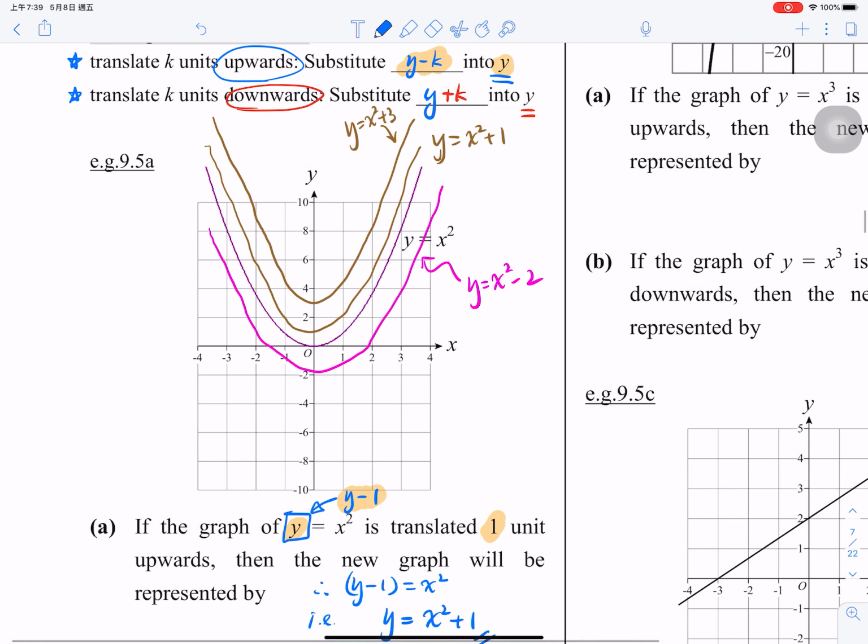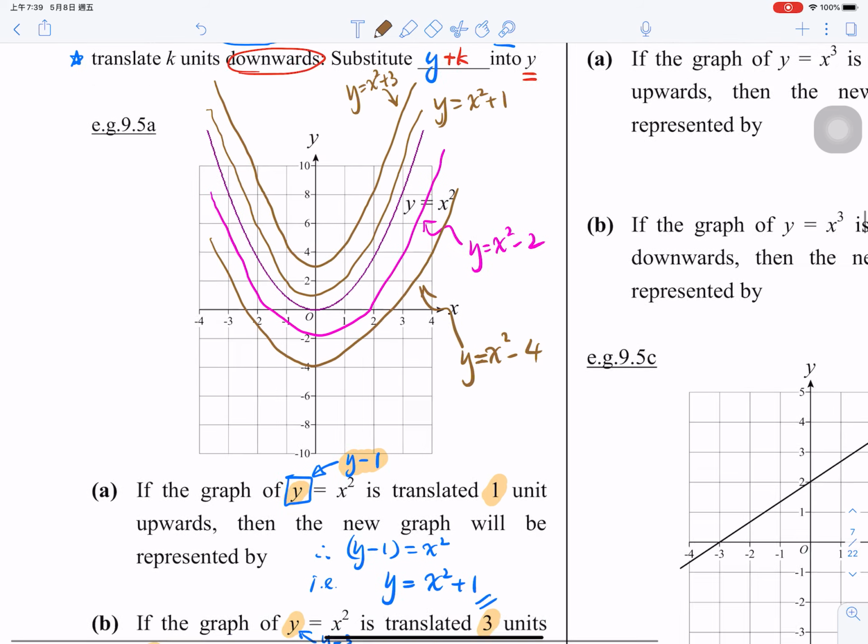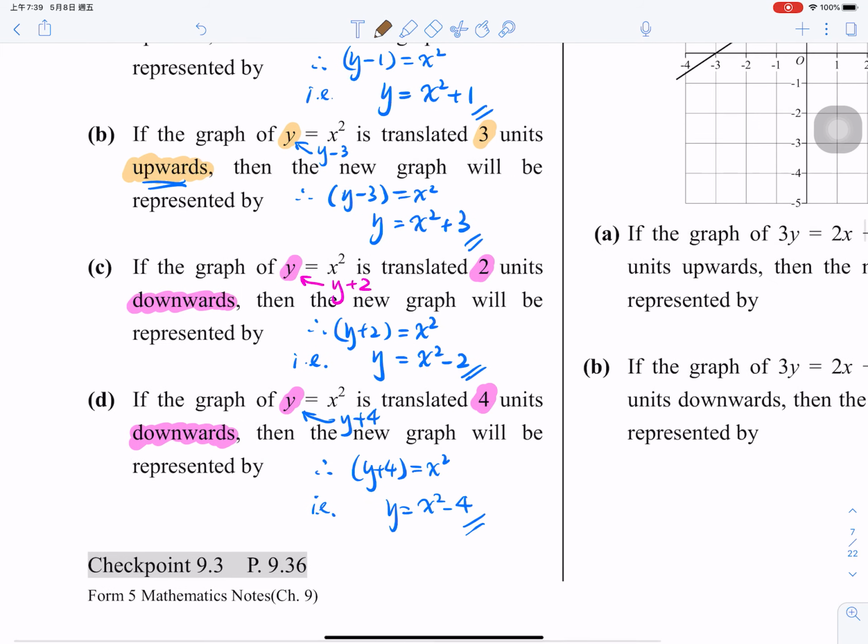Use a pencil again. Maybe like this, y equals x squared minus 4. So 4 units downward, right? So it becomes this. Do you understand how to write down the new function now? Let's try by yourself.